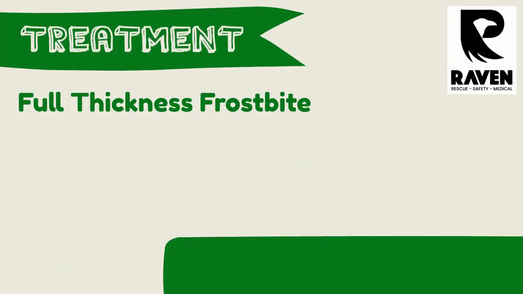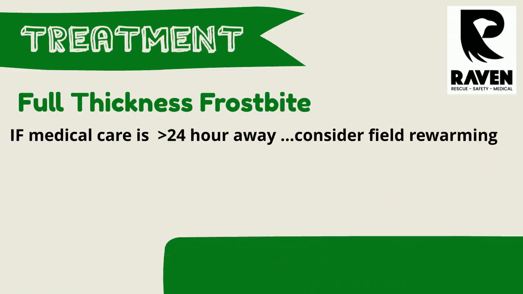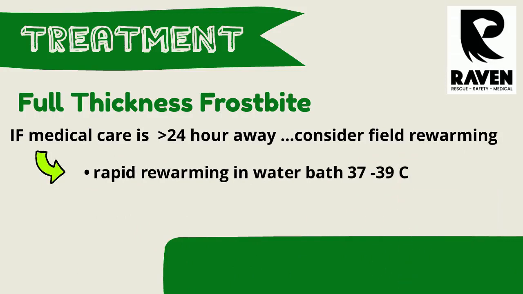If medical care is greater than 24 hours away, you may consider field rewarming a frozen tissue if you have all the required equipment and you can prevent further freezing and movement during the evacuation. To rewarm a body part, you want to submerge it in warm water, so that's bath temperature, 37 to 39 degrees Celsius.